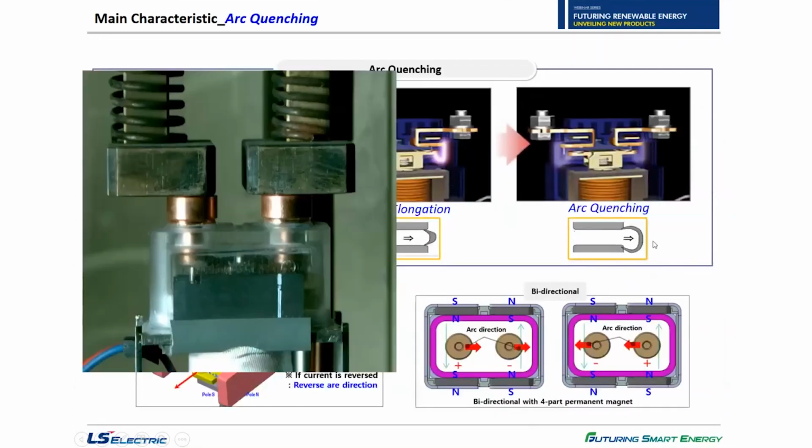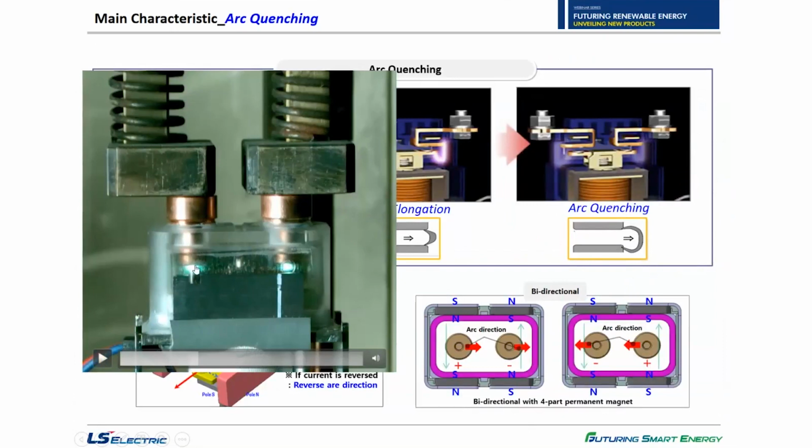I'm going to show you a very short video about this. First of all, as you can see, there is an arc between the moving contact and the fixed contact. This arc is bad because it damages our contacts, so our basic function is to extinguish this arc as soon as possible.